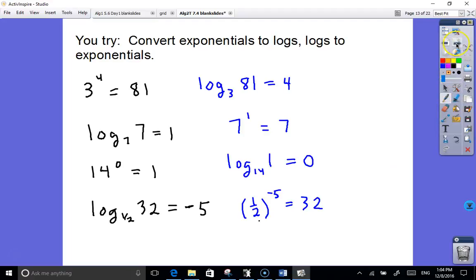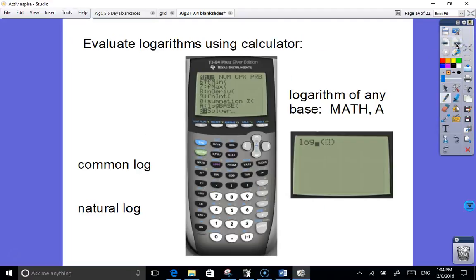Okay, so again, that's like the first knowledge and skill from the SOLs that we're supposed to have. Next, we should know how to use the calculator to evaluate logarithms. We already talked about this, but on the left side, the LOG button right there, that's the log base 10, common logarithm.